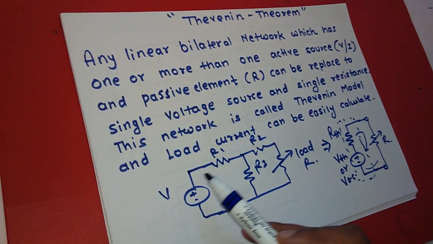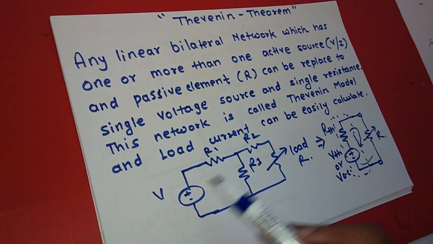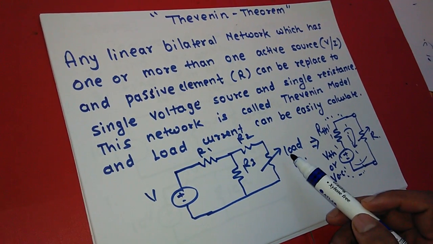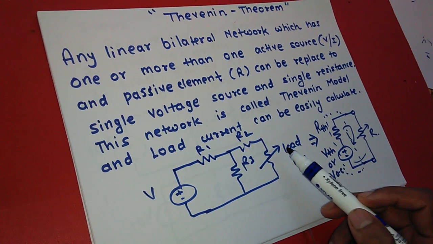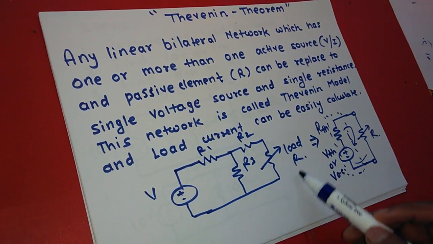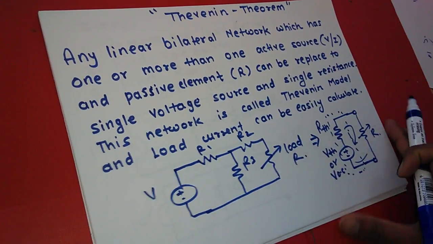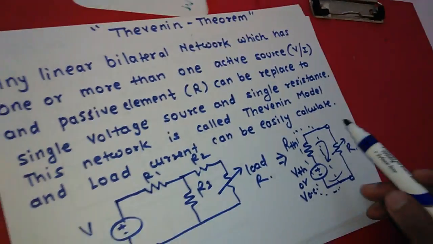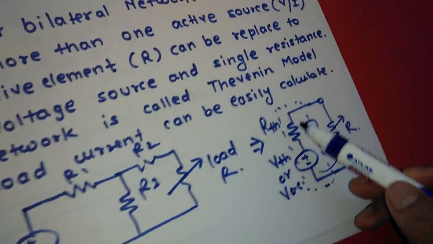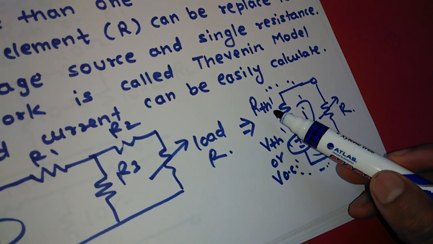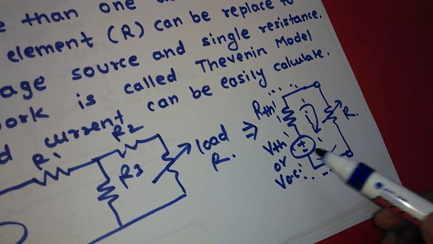Let this circuit have a voltage source V, R1, R2, R3 as passive elements, and R is also a passive element, but it is considered as a load. So that complicated circuit can be reduced to a single, simple circuit, with one single resistance, called the Thevenin resistance or internal resistance, and a voltage source.